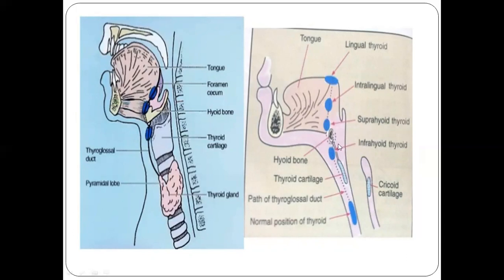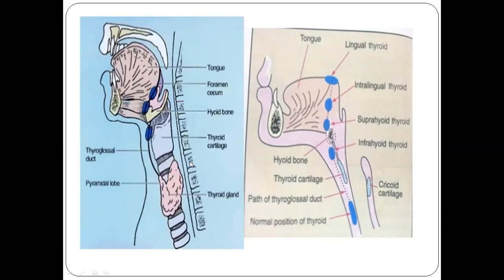Sometimes it is suprahyoid, and sometimes infrahyoid. So these are the different positions of the thyroid gland, and this is the normal position of the thyroid gland, which is over the second, third, fourth tracheal rings. This is the thyroid cartilage, and this is the hyoid bone. Sometimes it is suprahyoid and sometimes infrahyoid. These are the ectopic positions.